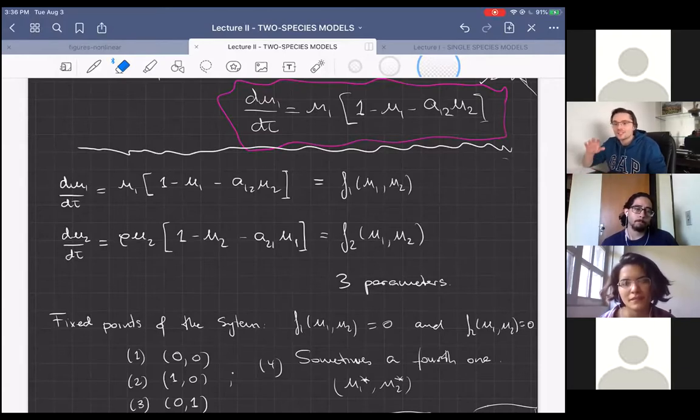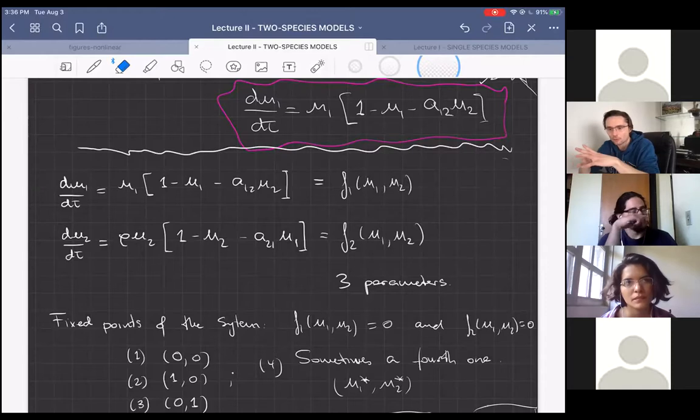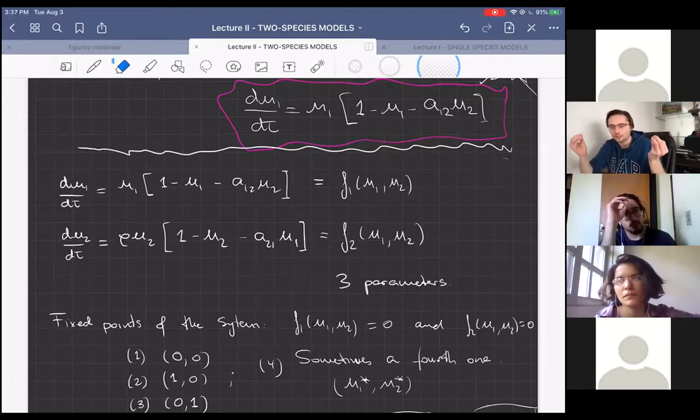So the idea to have bistability is that you can have it either in two-dimensional models or in one-dimensional models. So in that sense, it does not depend on the number of equations that you have and the type of the model. The idea to have bistability is that you need two different fixed points that are stable, right?